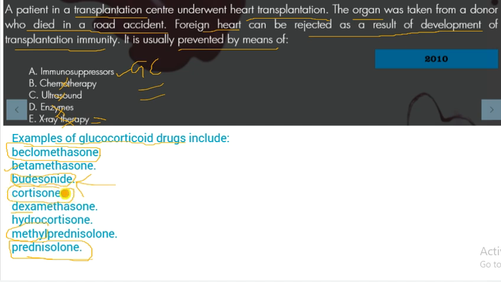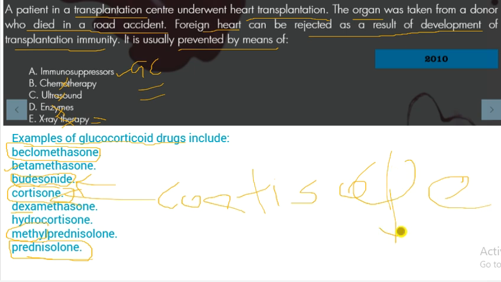We know an important hormone in our body, that is cortisol. Replace the L with N, then we get cortisone. Then add hydro in front of cortisone, we get hydrocortisone. And study budesonide, beclomethasone, betamethasone, dexamethasone. From prednisolone we get methylprednisolone, and we know cortisol is the main steroid in our body.